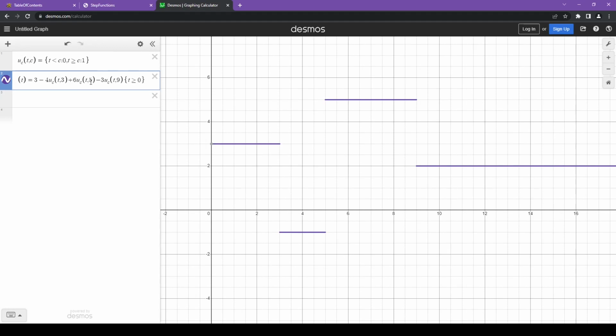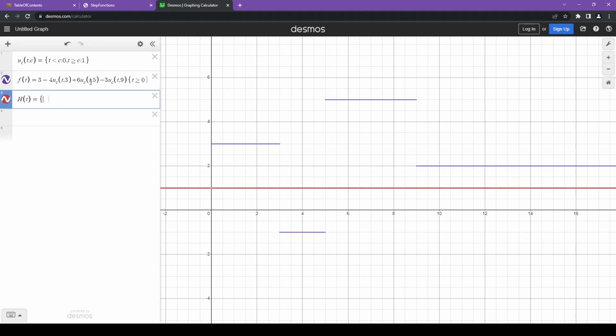Now, alternatively, we could have defined the Heaviside function to be 0 for t less than 0, and 1 for t greater than or equal to 0. Turn this off, okay?